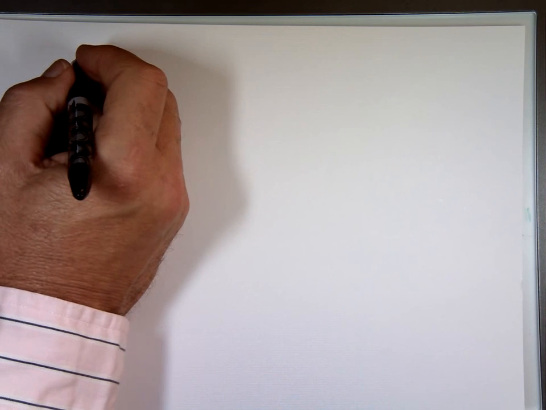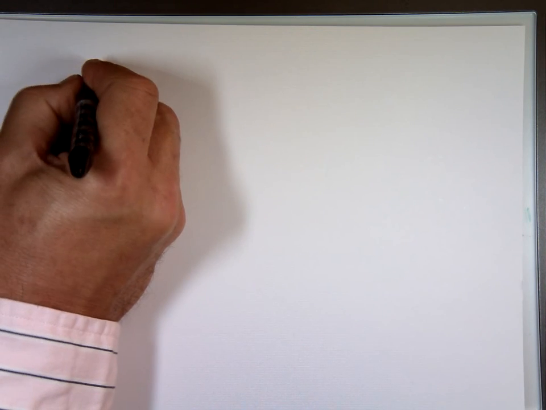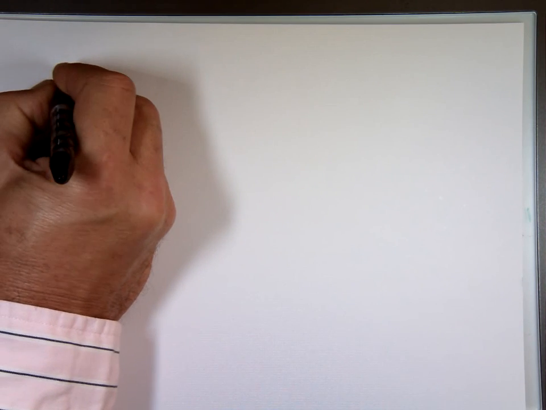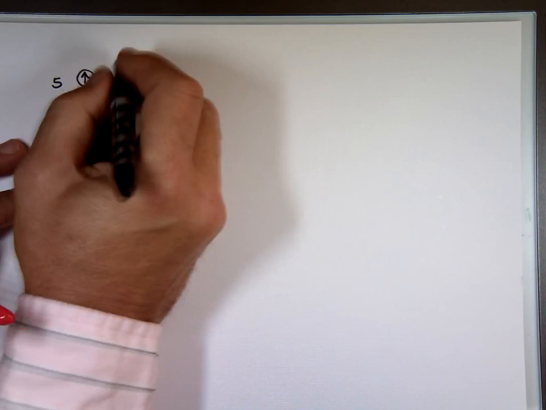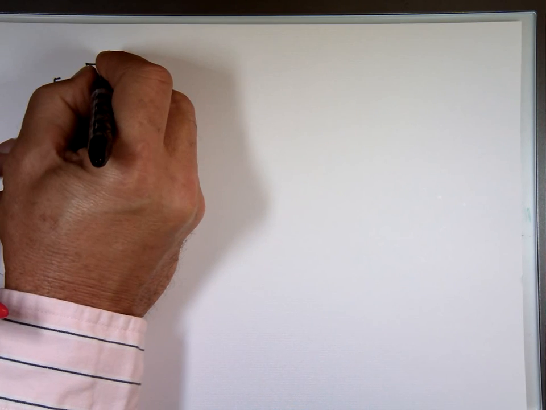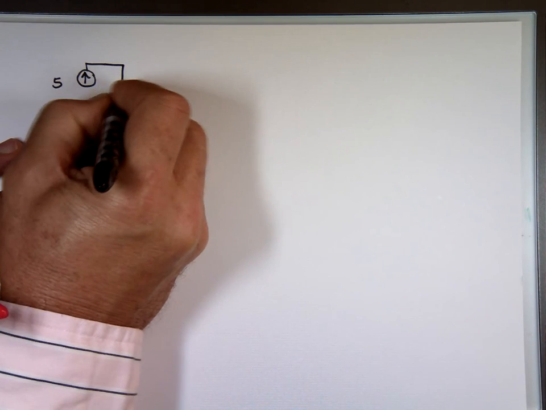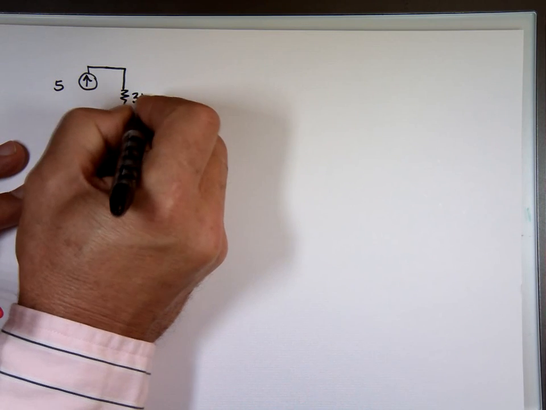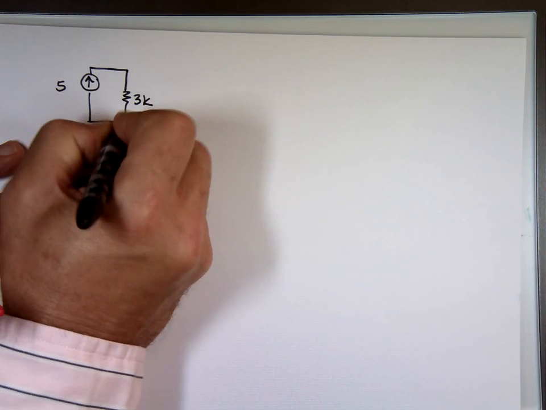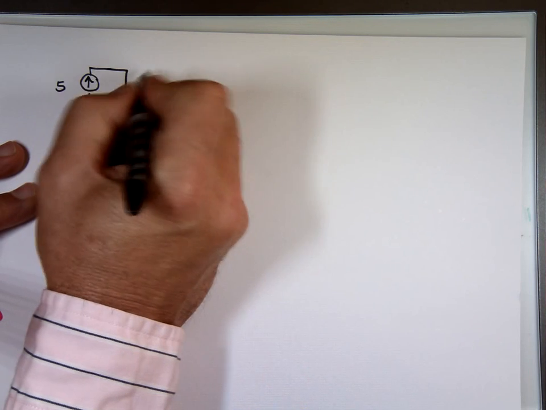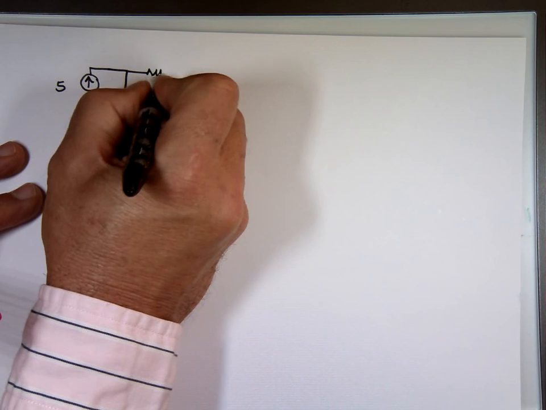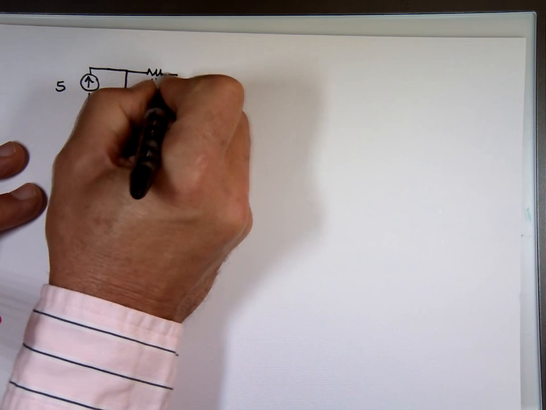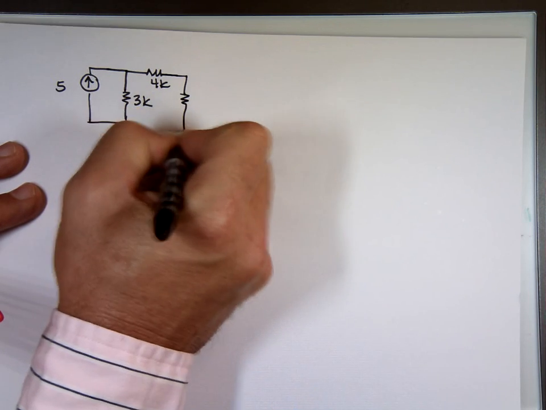I have this problem here, 5 amps. Leave a space on the top. There's a little bump there. This is 3K, 4K, 7K. There's a 4K here. There's a 7K down here.